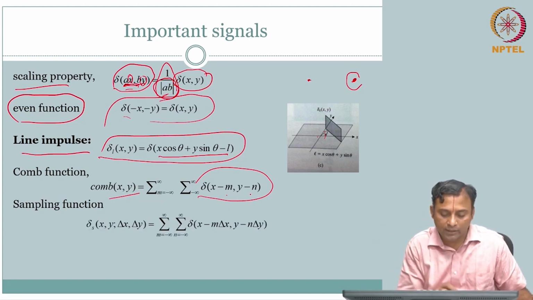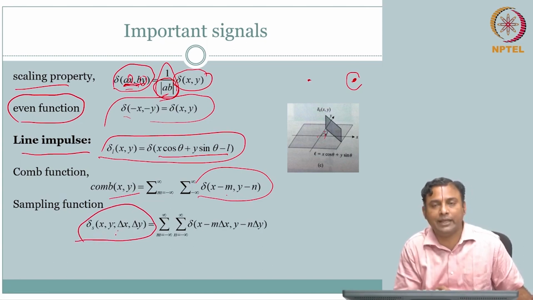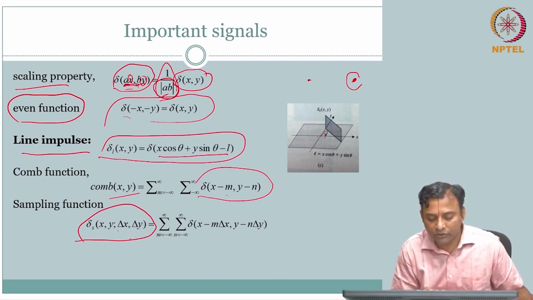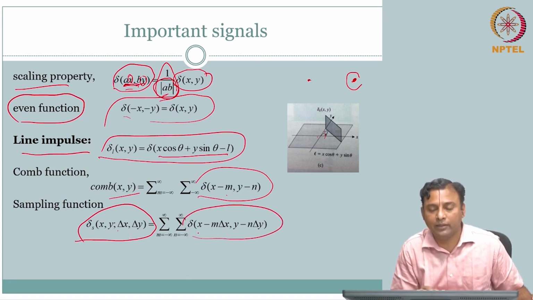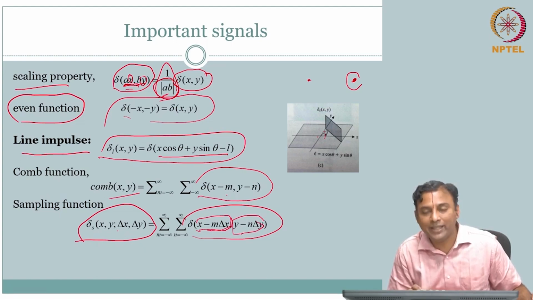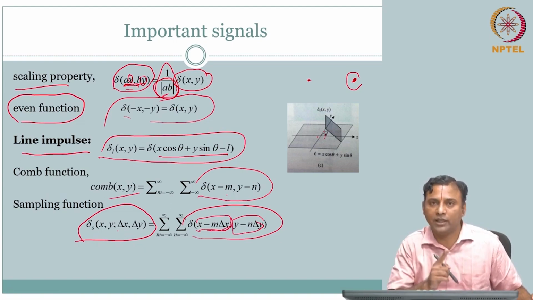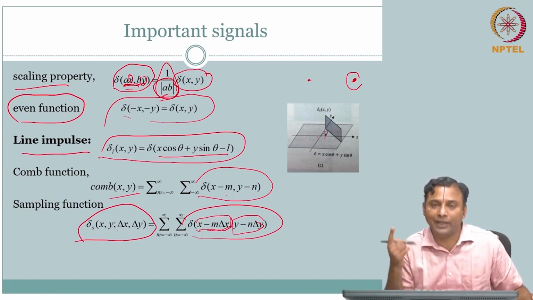So you can view this as sampling as well: delta of x comma y, and you are picking samples spaced delta x in the x direction and delta y in the y direction, which is nothing but a collection of delta functions defined at x minus m delta x, meaning whenever this argument goes to 0. So that means x is equal to m delta x and y is equal to n delta y. That's when you get the values that you pick. Those are the discrete locations. So that is your sampling.